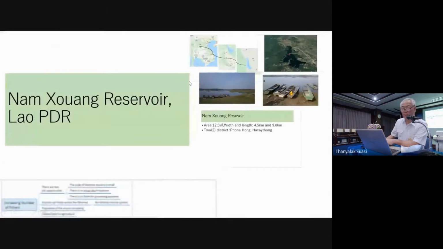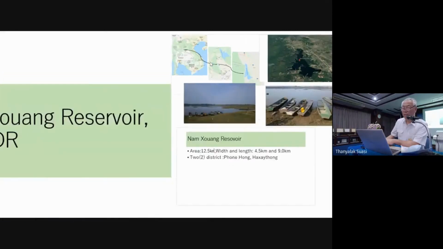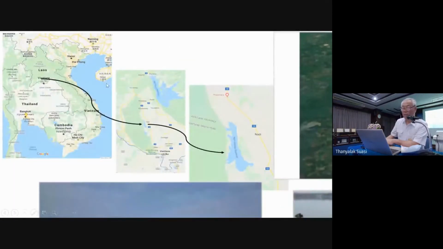This is named Xouang Reservoir, a small lake, and the place is near Vientiane. This reservoir is located 2 hours by car from Vientiane.